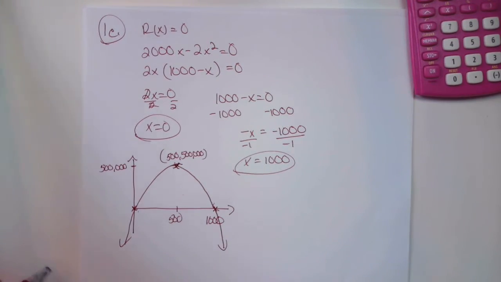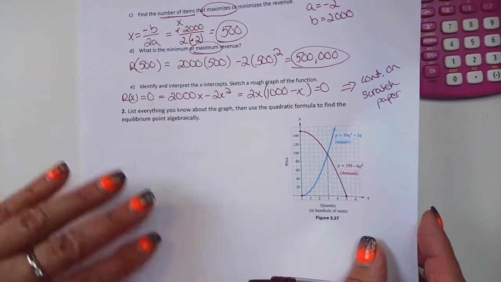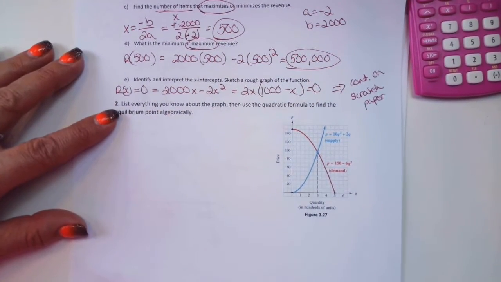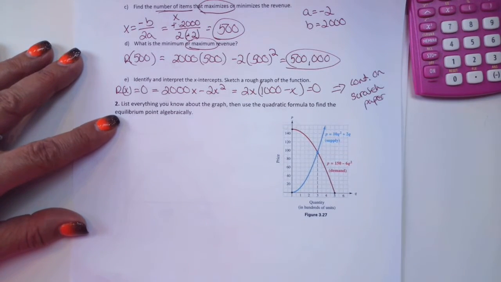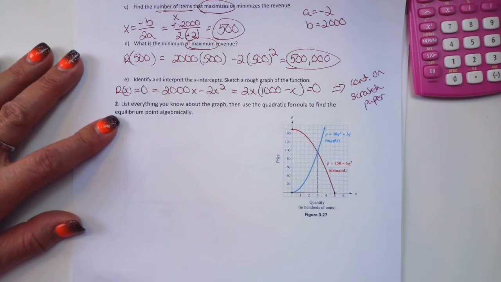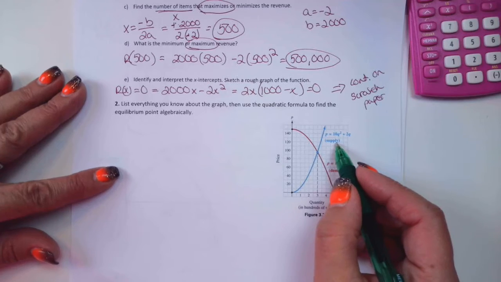Okay, let's look at number 2. So first we need to list everything we know about the graph, then use the quadratic formula to find the equilibrium point algebraically. So what do we know about the graph?